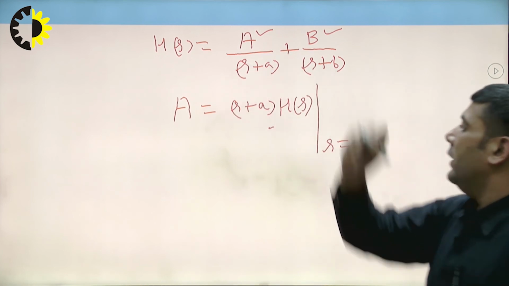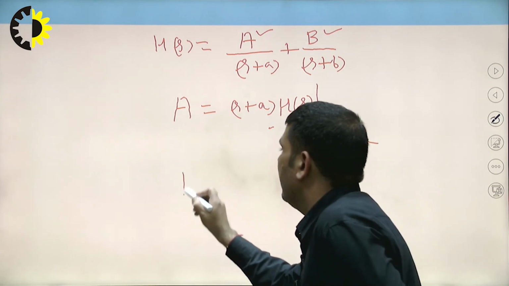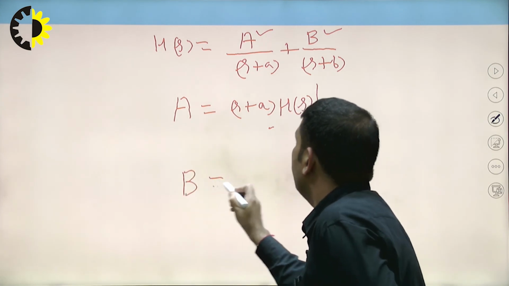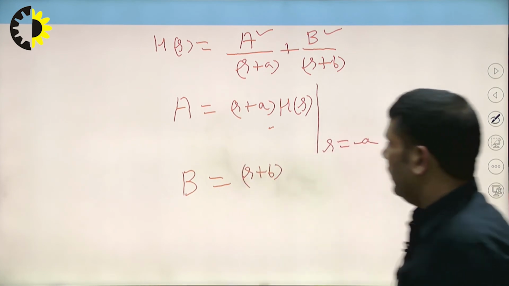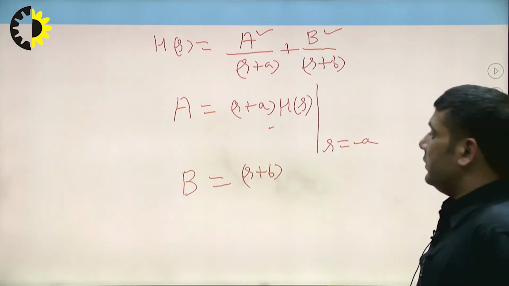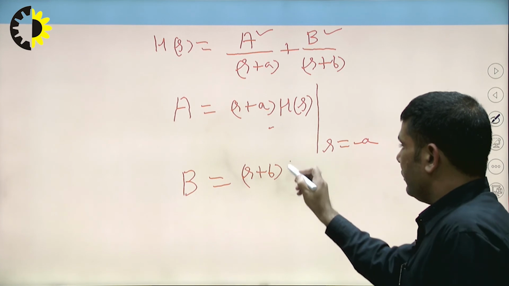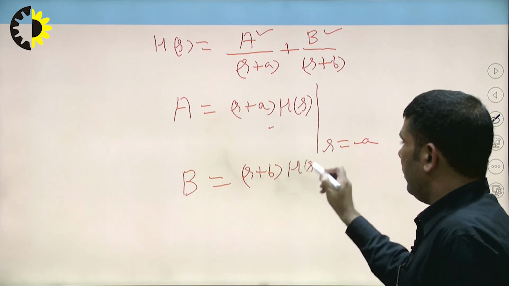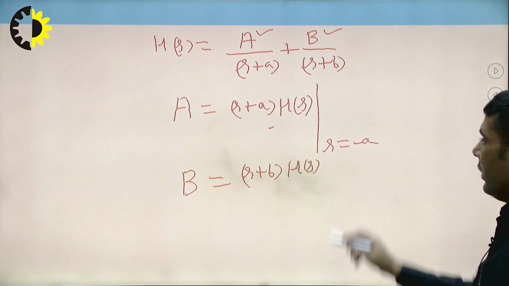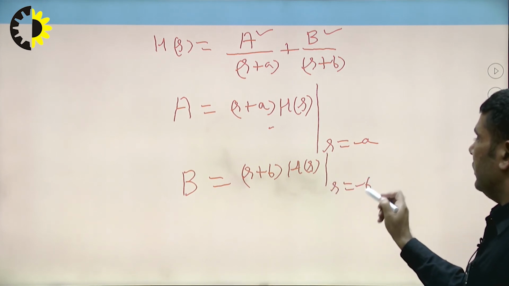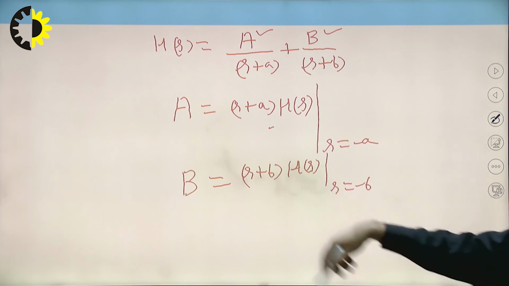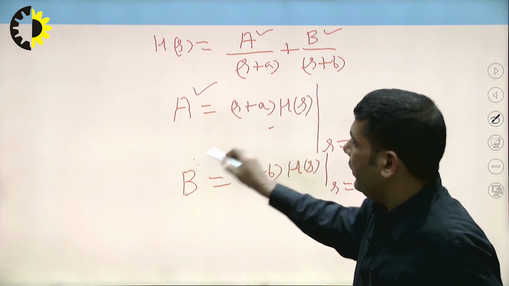So you will get A. Similarly B will be (s plus b) into H(s), and here s is equal to minus b. Okay, so this is the simple case. We will find out A and B easily here.